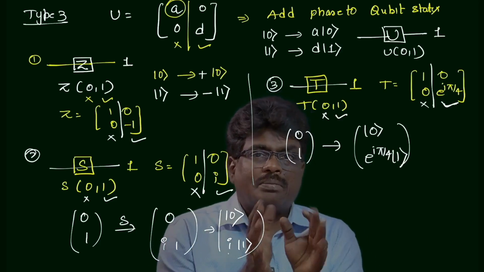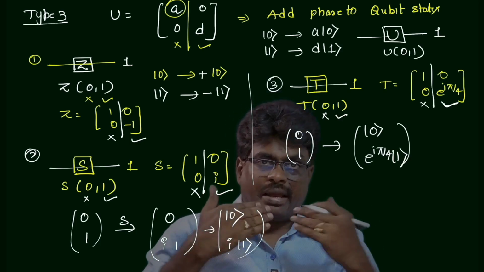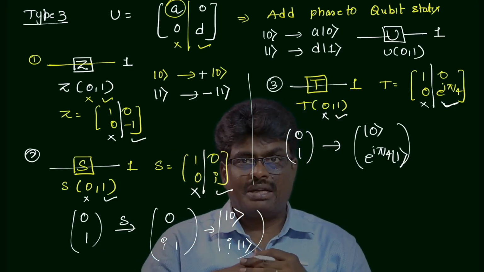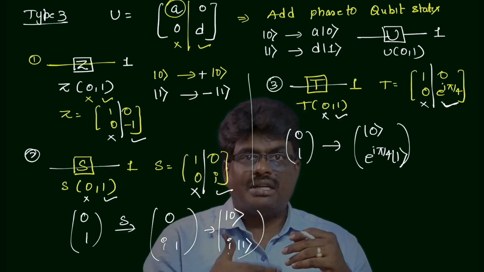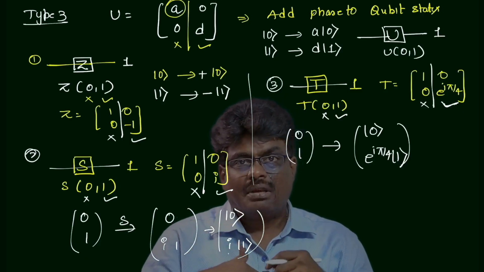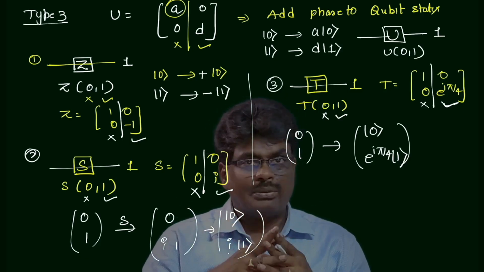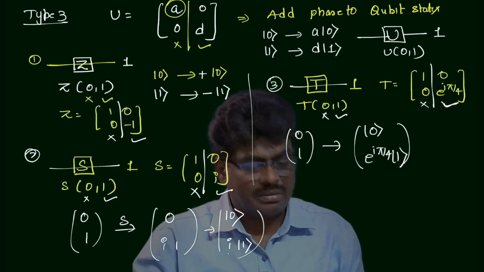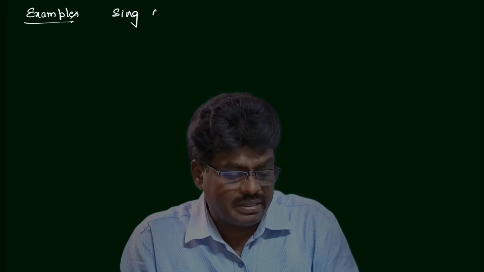So you have explained separately, but if I have a combination of, let us say, H, Z, T, or something like that, if all these gates are there, then how to solve? I will explain that also. Okay, so now here I am taking some examples involving single qubit quantum gates.